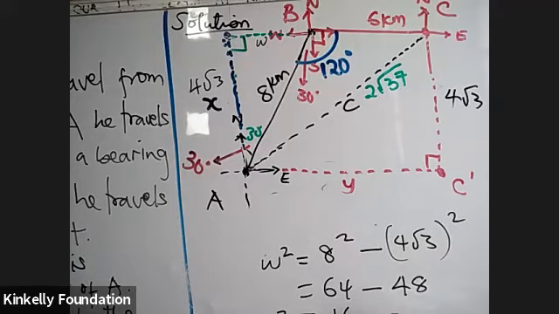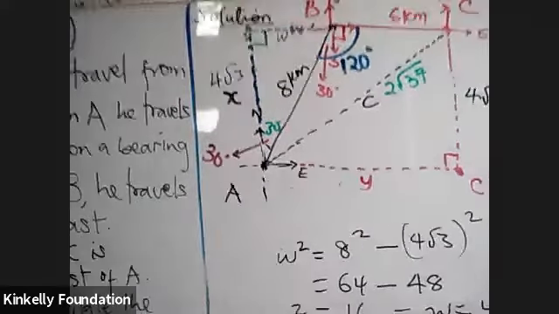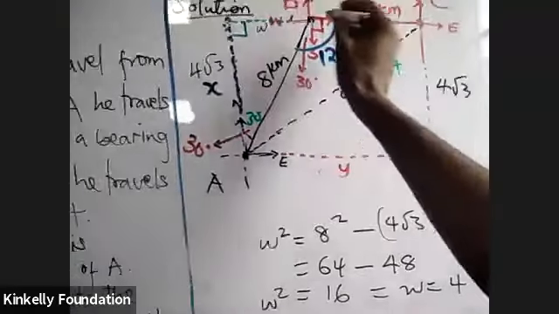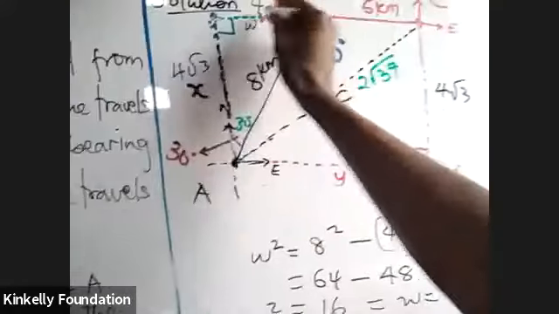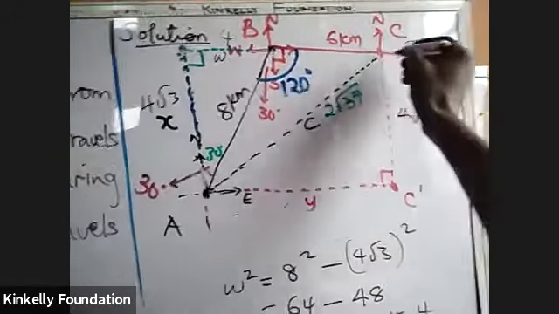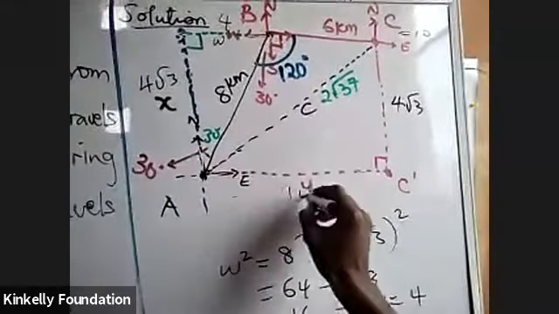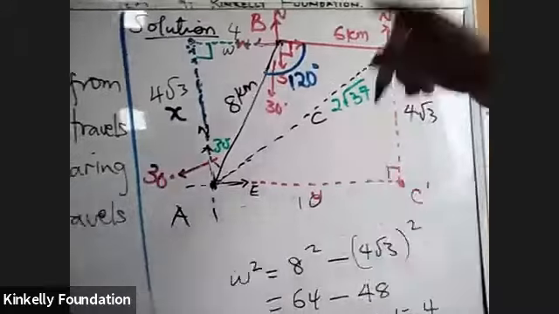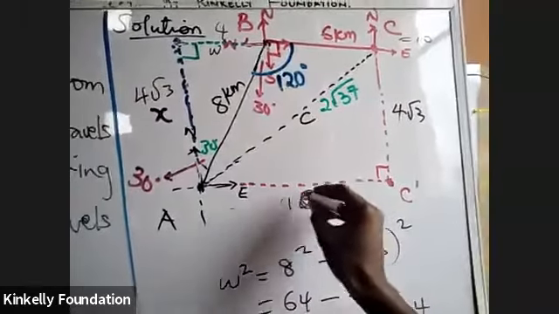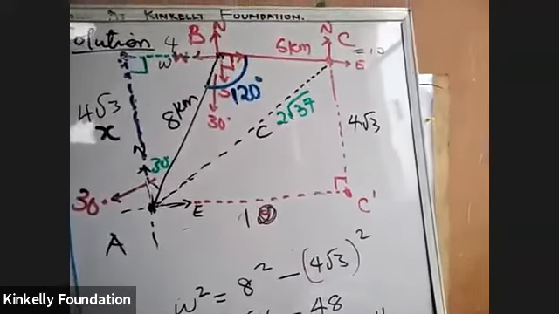W squared is 16, which means that W itself is 4. If W is 4, what do you now do? This here will be 4. 4 plus 6, 4 plus 6 is 10. If the whole of this length is 10, then this side will also be 10, because opposite sides of a rectangle are the same. Do you understand? That is how we got that thing.